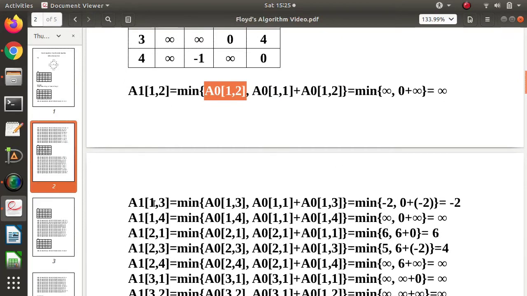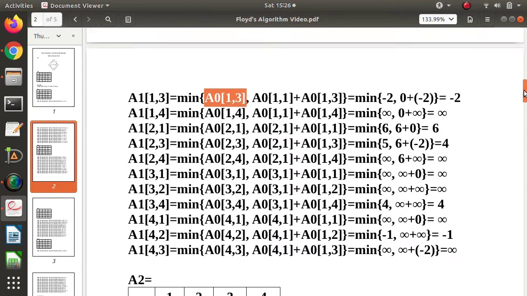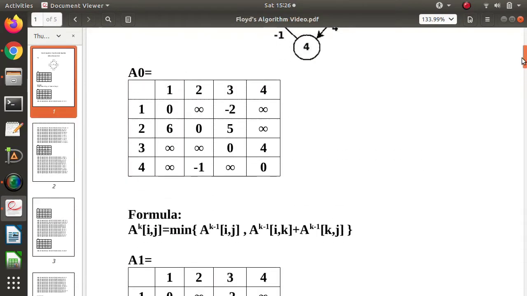Again, look at this. Here we are calculating the cost between 1 to 3. We are taking 1 as an intermediate node, right? So 1 to 1 and from 1 to 3. See, this is the previous value. Previous value from what? The A0 matrix. A0 matrix means this matrix.